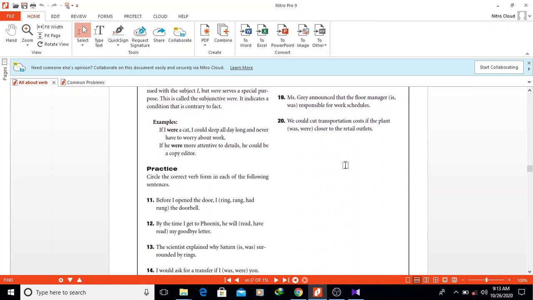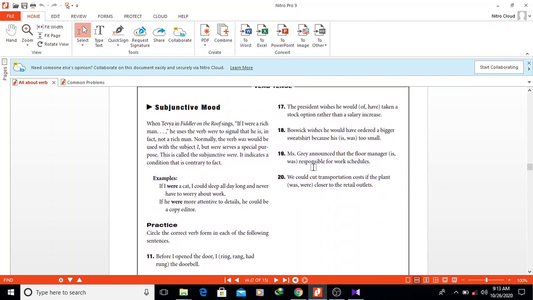What else? I think that's all. For the subjunctive mood, you can just read it by yourself. It's about if clauses, like making suppositions. One note you have to pay attention to is the word "were."